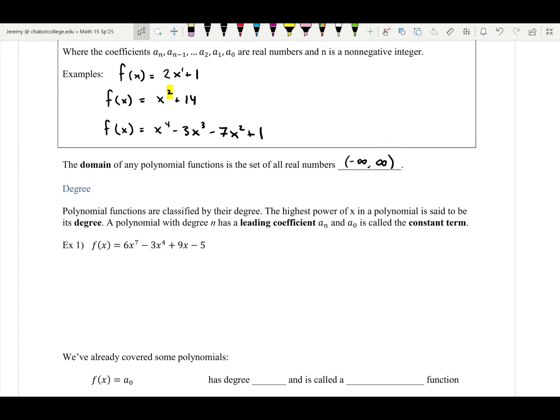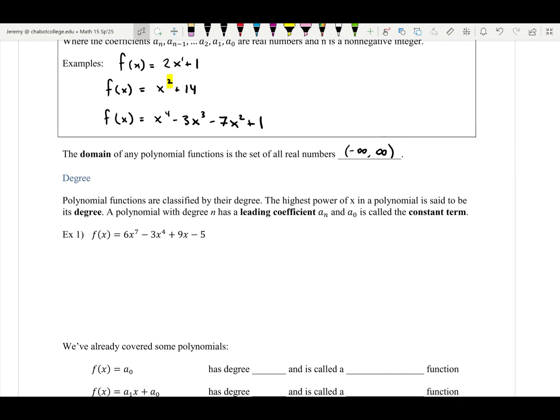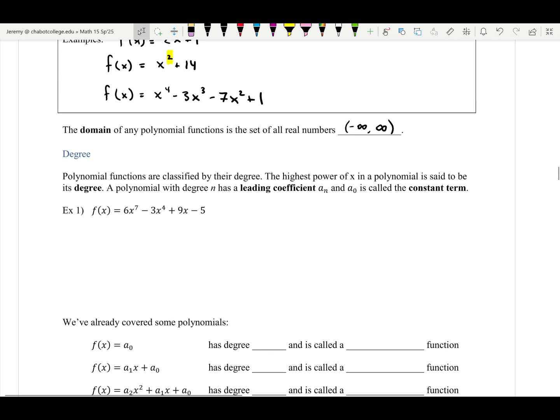This is just because we don't run into any problems when we're trying to evaluate a polynomial at any real number. Raising a real number to the first power, second power, third power, there are no values of x for which that is not possible, assuming that we're pulling numbers from the real numbers. So that's one really nice, friendly thing about polynomials: the domain will always be all real numbers.